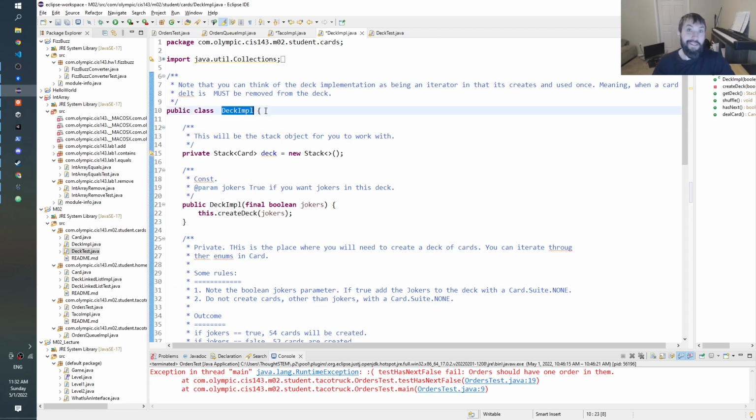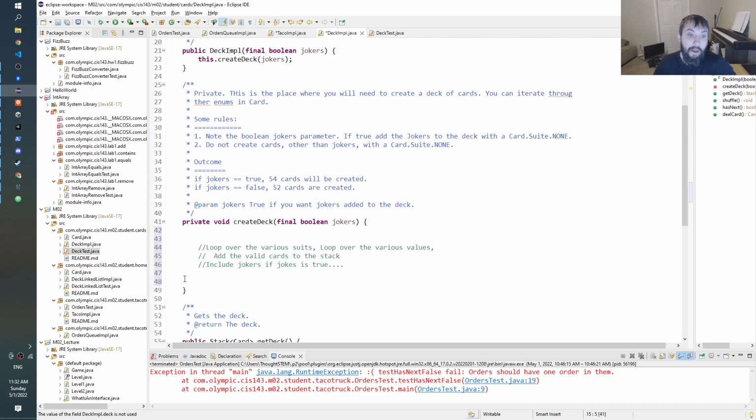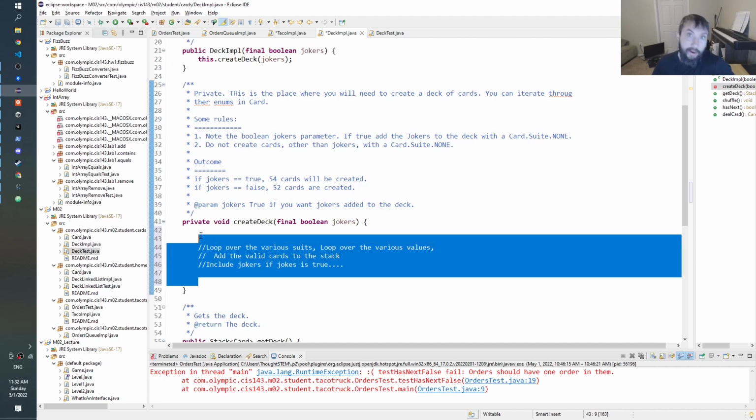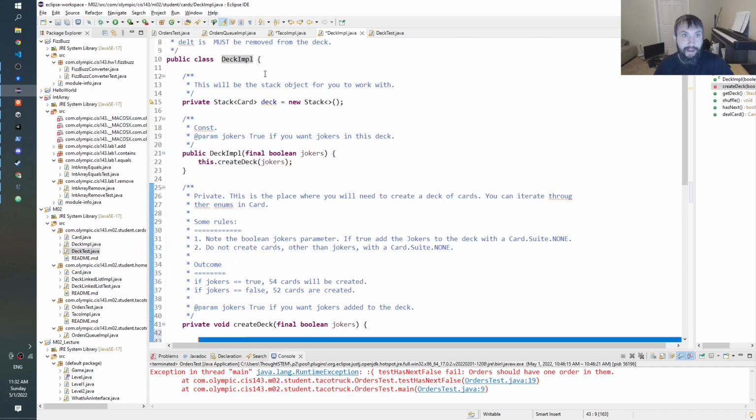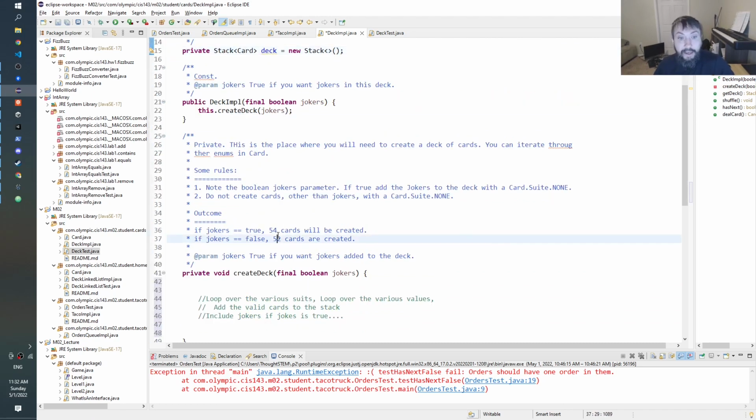So this is a class that mixes together some data structuring, a stack of cards, and some algorithms that are required to create that data structure in a way that makes sense for the domain. In this case, it's got to have 52 cards or 54 depending, and it can't just be anything, right? They have to be very specific cards.